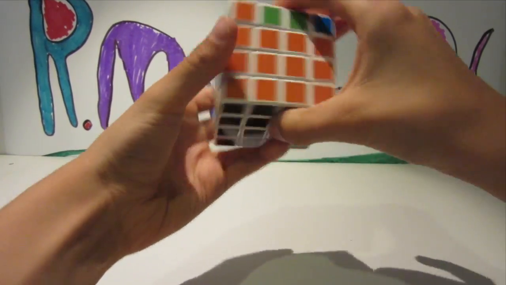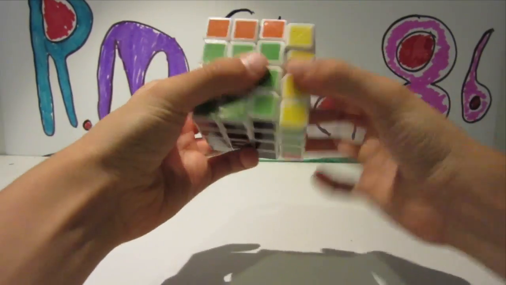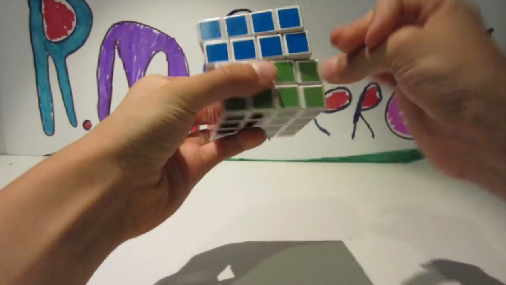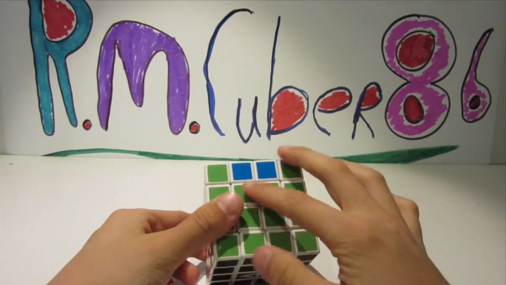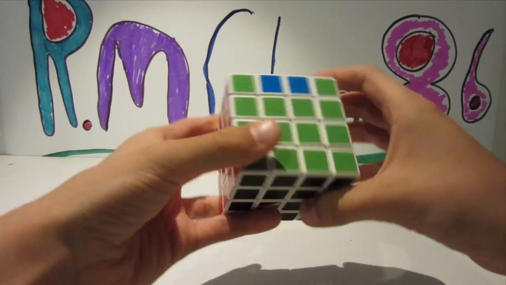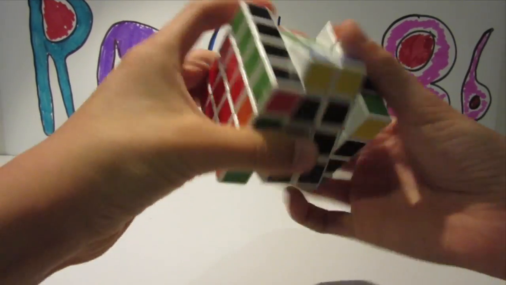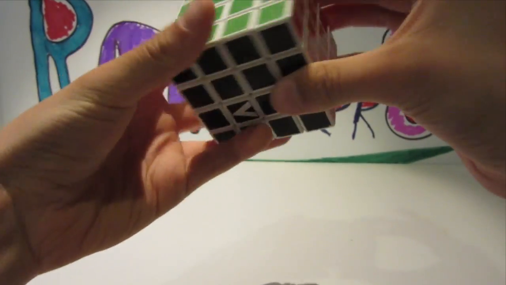And now I'll show you the PLL parity, and it's when there's these two like that, and these need to be switched. But also, when you do that, you could end up getting this. Let's see if I can, okay.